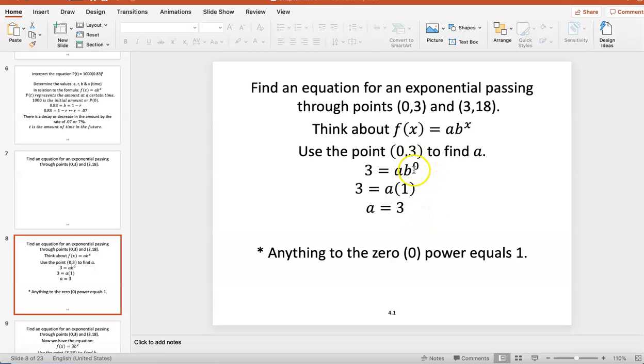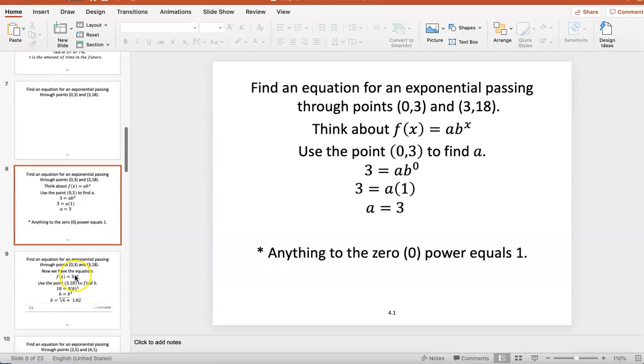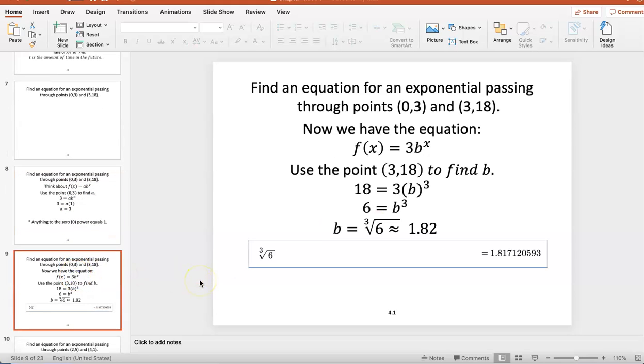We plug in x equals 0, anything to the 0 power is 1, so a is 3. Okay, it says find an equation, so we've got to keep going. We found that a was 3, so now we have 3 times b to the x. So we're going to use the other point, where 18 is the f of x, and 3 is the x.